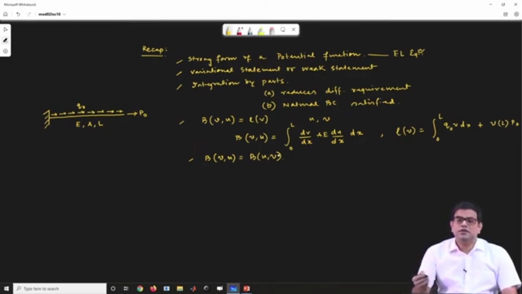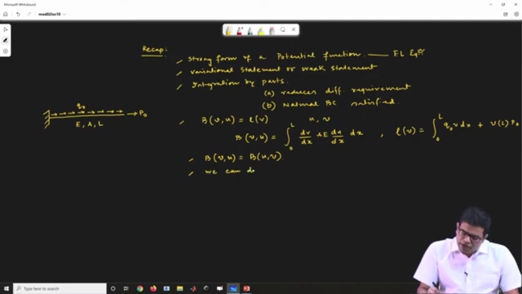If it is a symmetric bilinear form, then we can derive a quadratic functional from it.